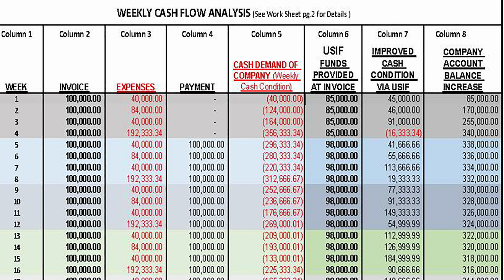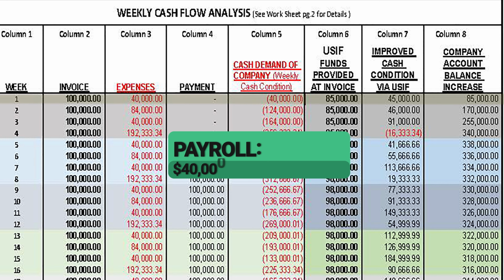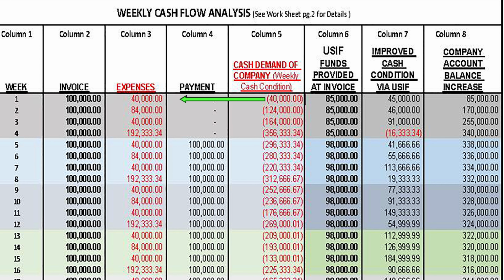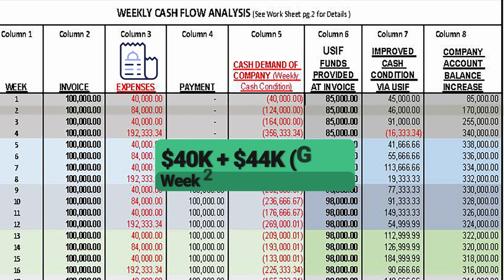Week 1, the company must make payroll, $40,000. And it also produces a $100,000 invoice that will be paid in 30 days. Week 2, the company must make payroll again, $40,000, and now must pay 2 weeks of G&A, or $44,000.